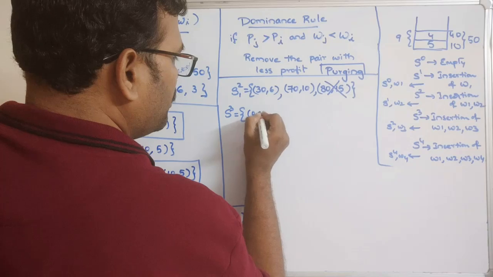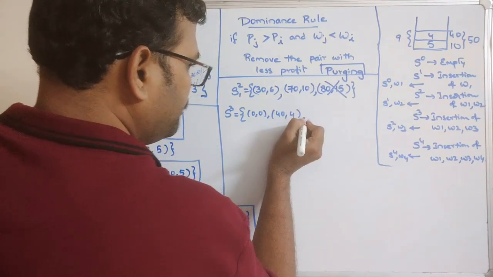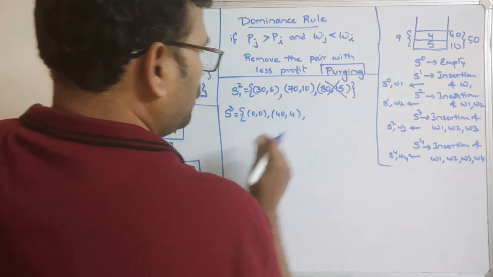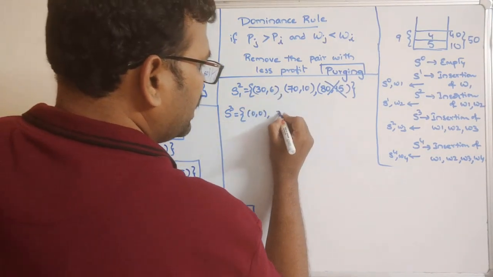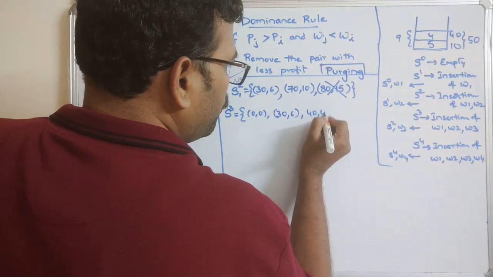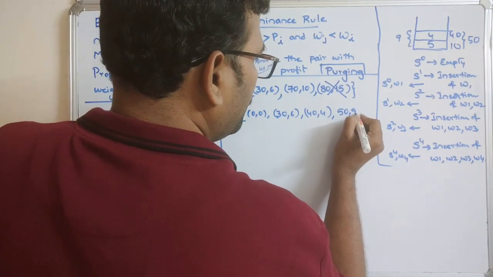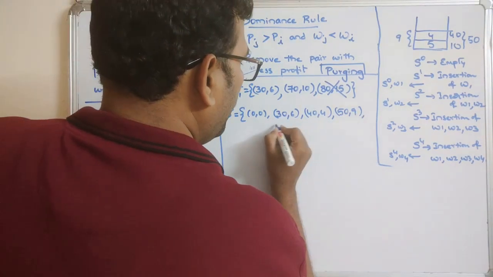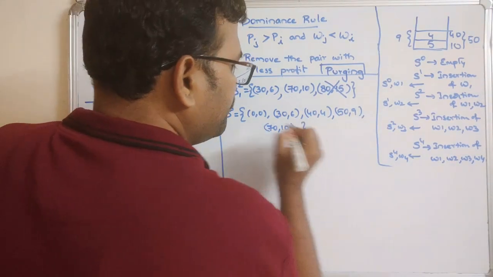So consider 0, 0, 40, 4. Before 40, 4 we can get 30, 6, then 40, 4, 50, 9 and 70, 10. So these are the elements.